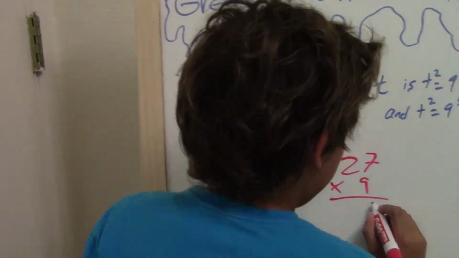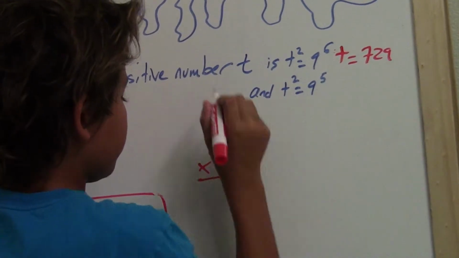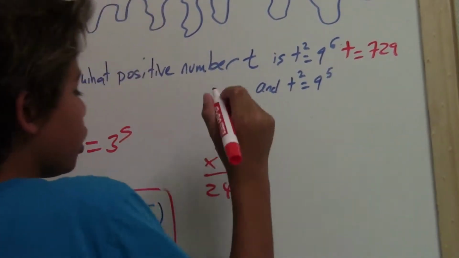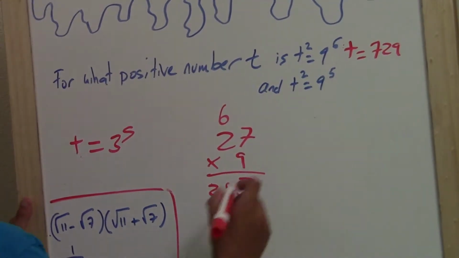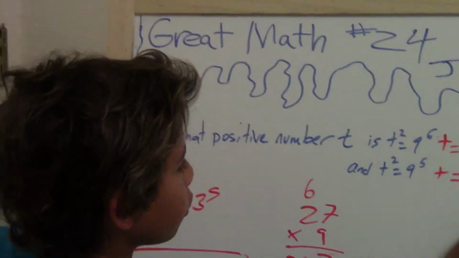That would be 63, bring up the 6, 18, and that would be 24. 243. So for this answer, it's 243.